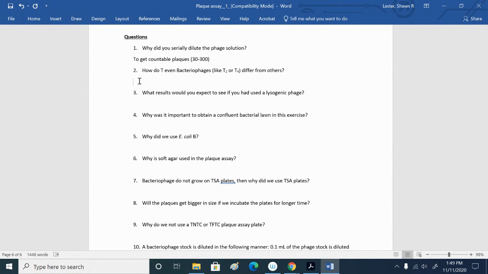Most other viruses are not complex. What else? Some animal viruses have something these don't have.